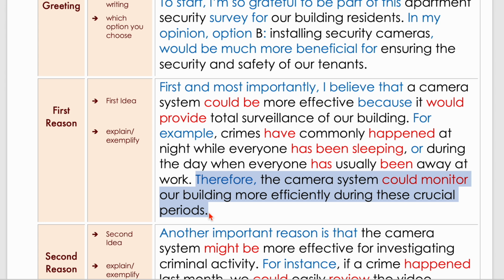And also some useful grammar and language development. I know it's hard to use present perfect and present perfect continuous at the same time. So let's try and work on that, okay?